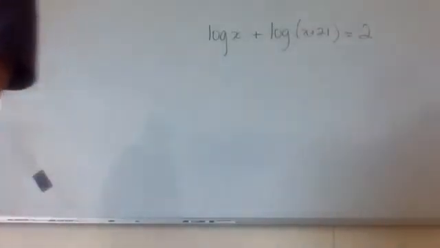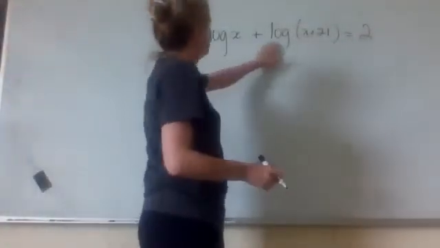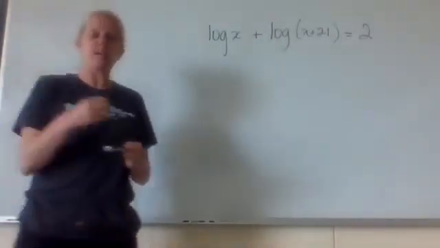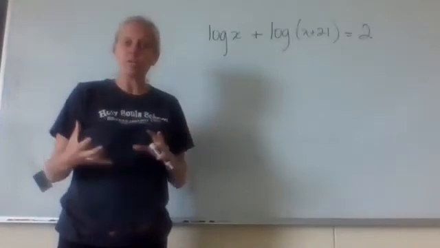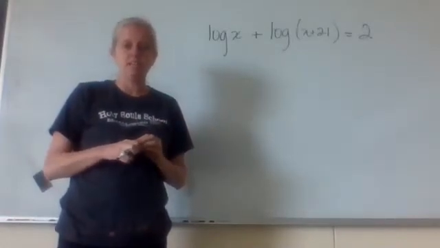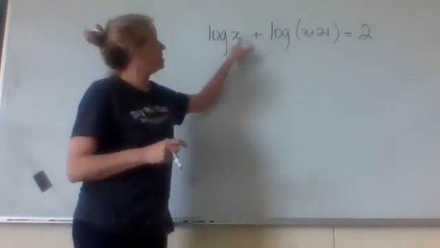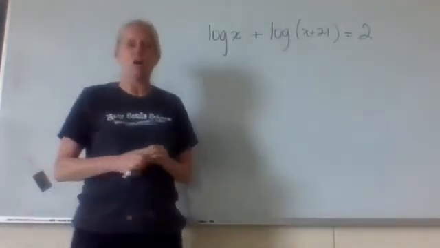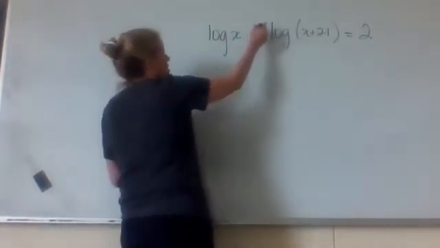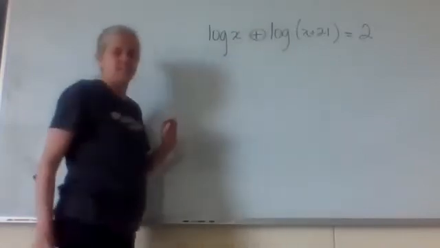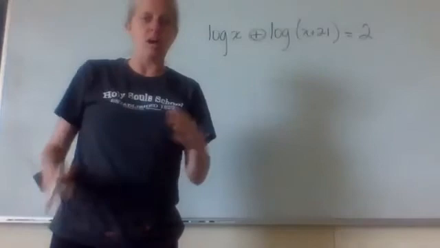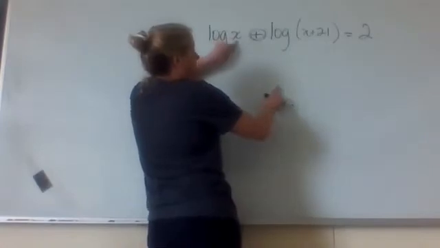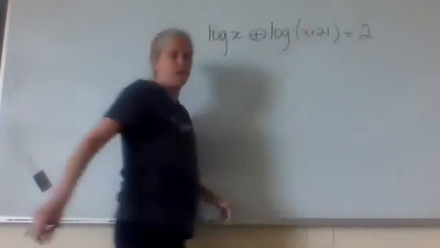So this one's different, and it's different because I have 2 logs on one side, which is another reason we did the log properties on Wednesday, because now I know I can rewrite this as 1 log, right? We did this several times on Wednesday. If you're doing the sum, since it's adding, and I rewrite this as 1 log instead of 2, that means I'm going to need to multiply the x times x plus 21, right?